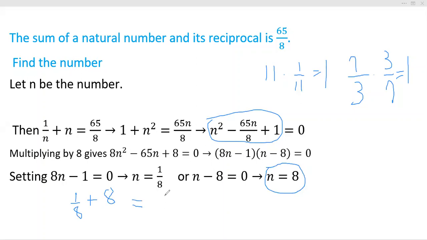So this becomes 1 plus 64 over 8. And of course, that's what we set out to prove. This is equal to 65/8, which is what the initial condition said right up here, that they had to sum to 65/8. So we do get 65/8.